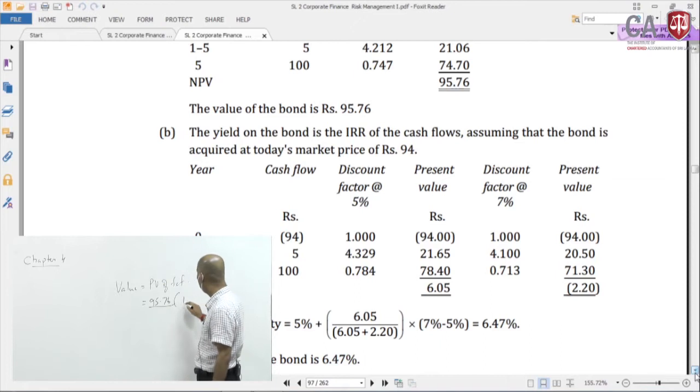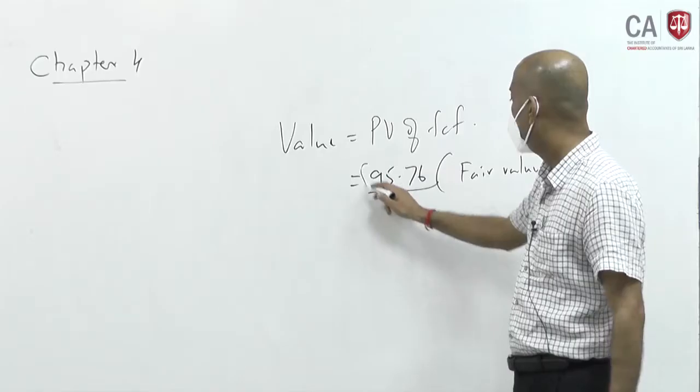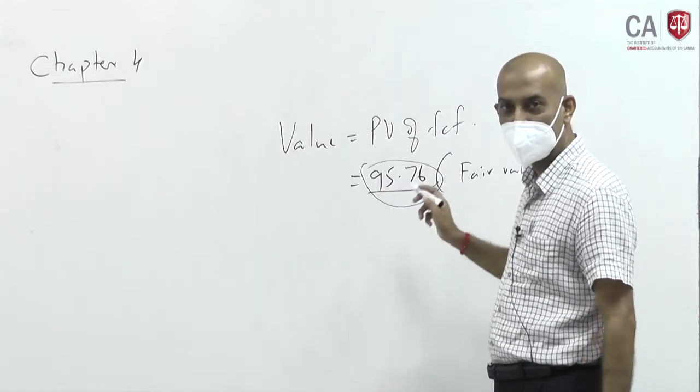This is what you call the fair value of my bond, based on the return requirement of the investor and the cash flow the investor is going to get.